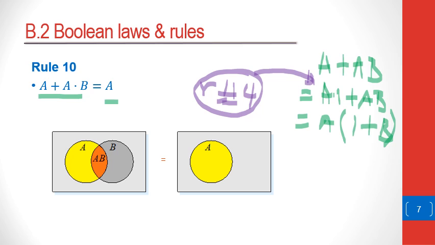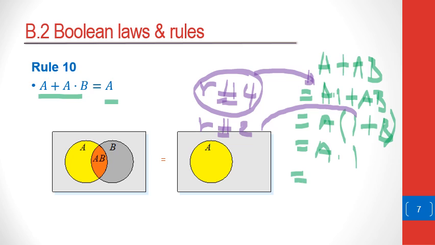And then this is equal to A and 1, because according to rule number 2, the whole of this result becomes 1.